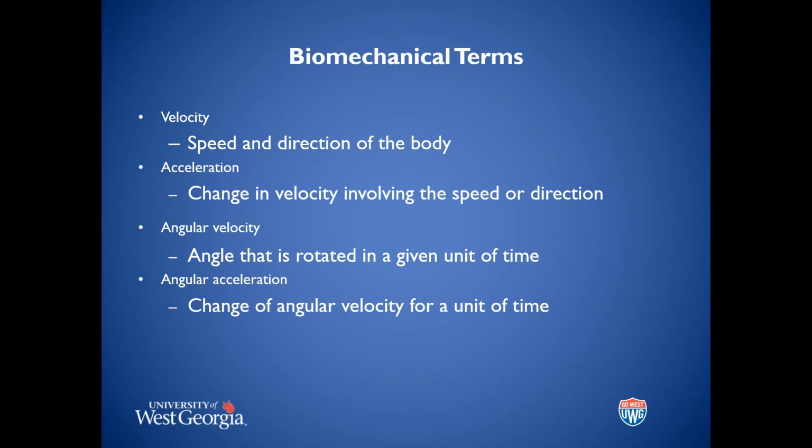So think about your shoulder. If you move it up and down, what angle? How much is that angle changing over a given amount of time? So maybe 1 second. And then angular acceleration is applying the term acceleration to this angular thing. So the change of angular velocity over unit time. So how quickly are we speeding up or slowing down that angular velocity?